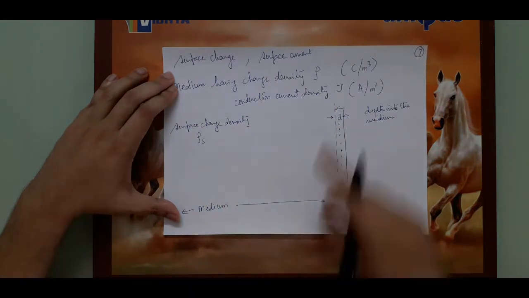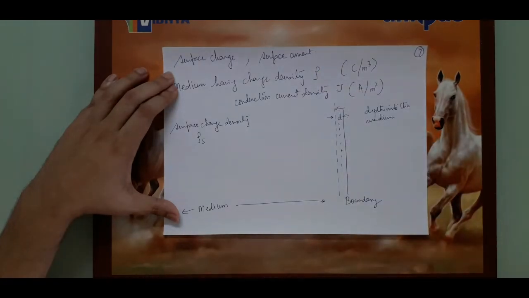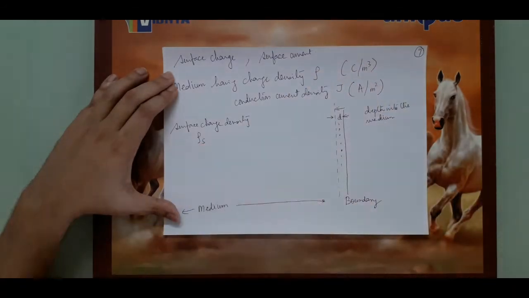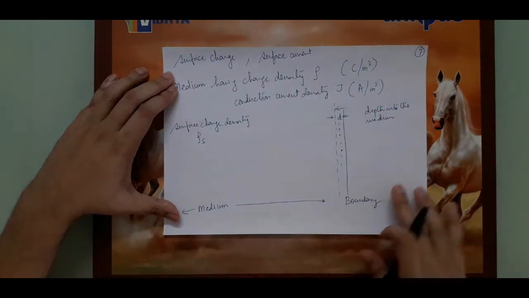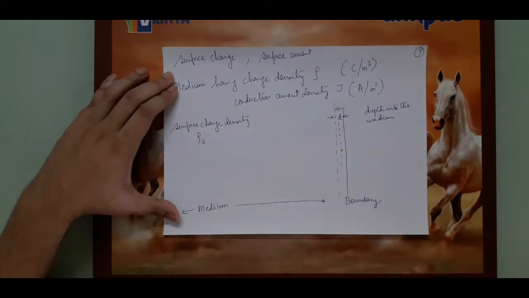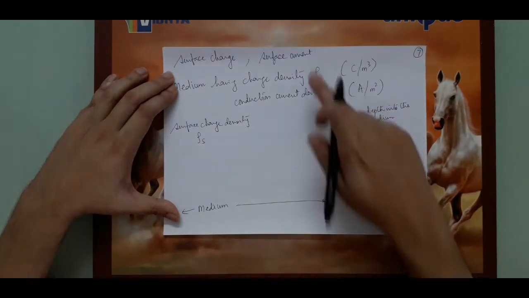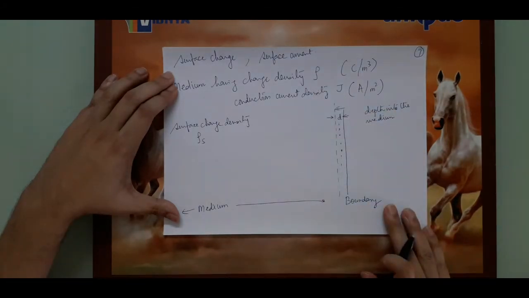So if the volume charge density is rho, and I want to express the charge density over area, that means I want it for a surface. Since this is a volume charge density, it is over 3 dimensions.